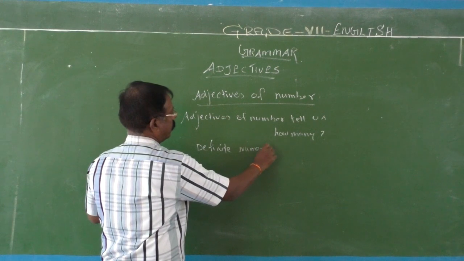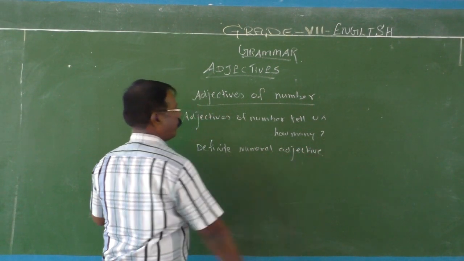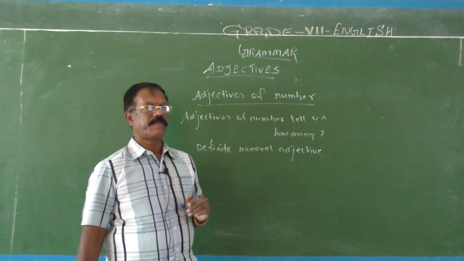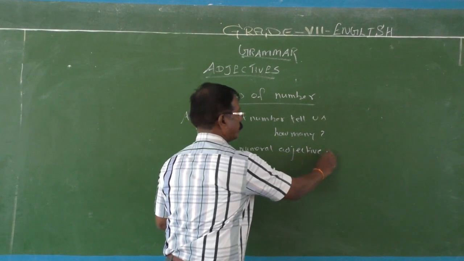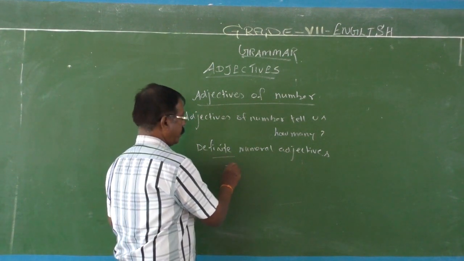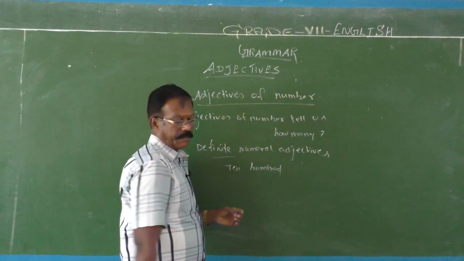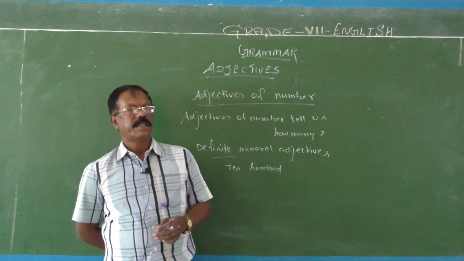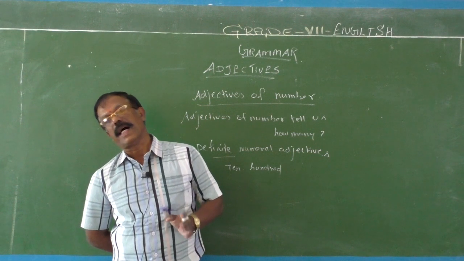For example, 10, 100, 1000. So they are all called definite numbers. They refer to things in exact numbers, therefore they are called definite numeral adjectives.